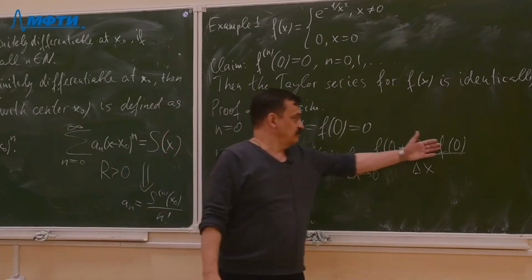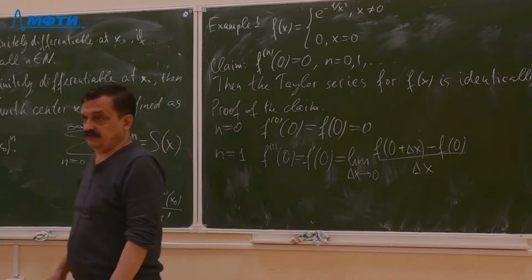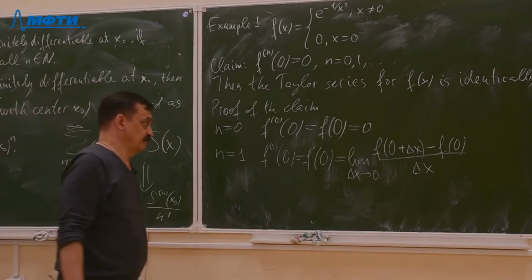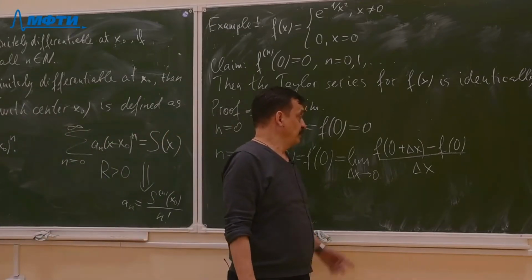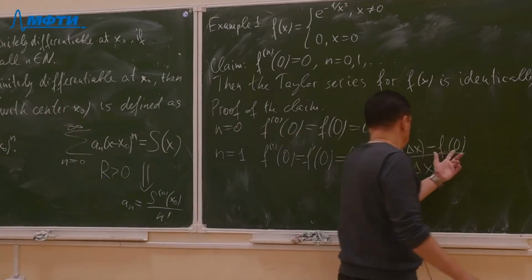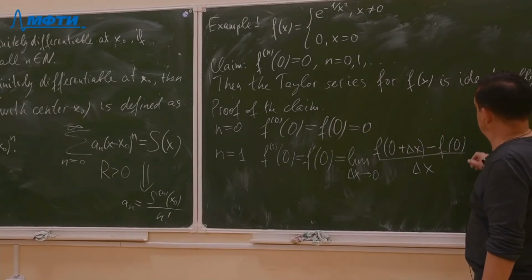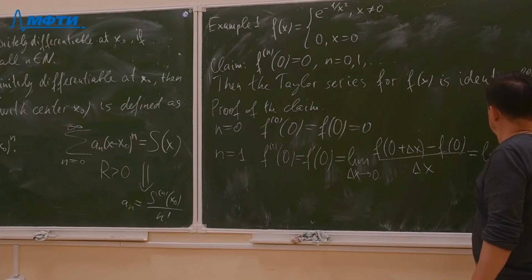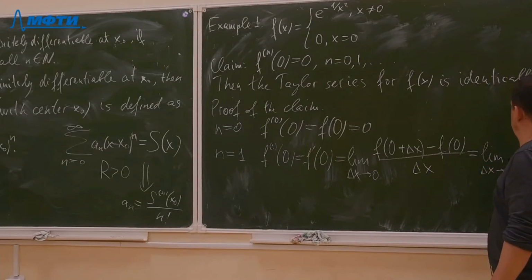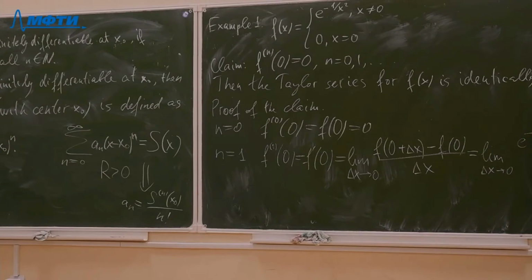So the increment of the function divided by the increment of the argument. We know what f is at 0, so we can compute the limit directly. That is e to the power minus 1 over delta x squared, over delta x.